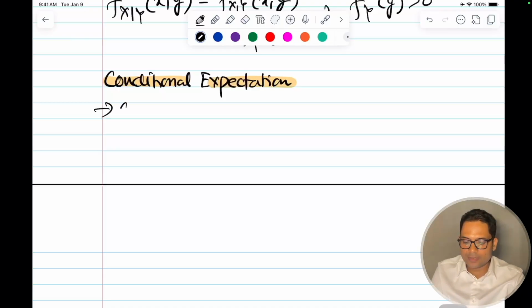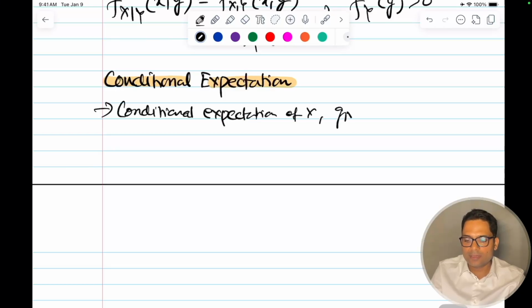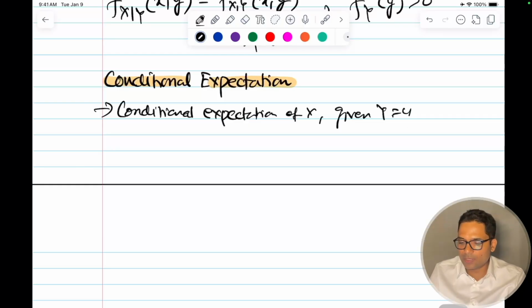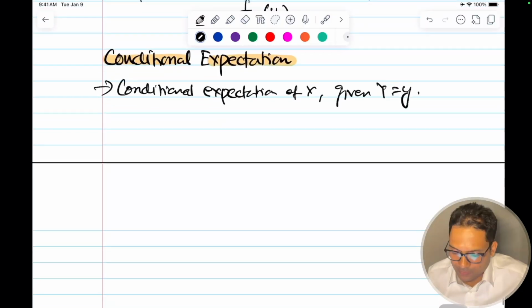We know expectation of X is E of X. Conditional expectation is again that something has happened, and then conditional expectation of X given the other random variable Y has happened, that given that Y has happened, the value for that is y.